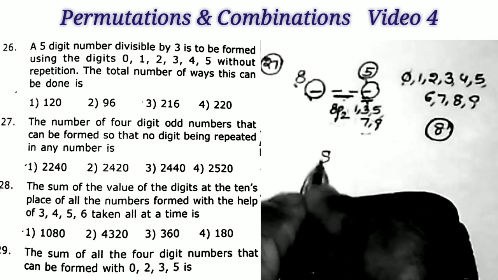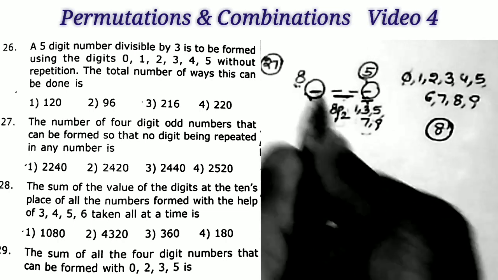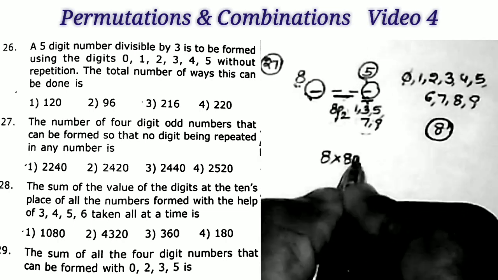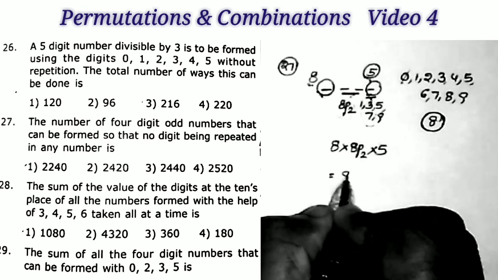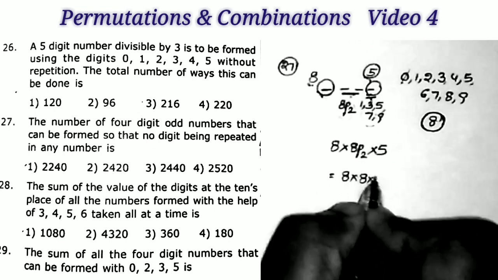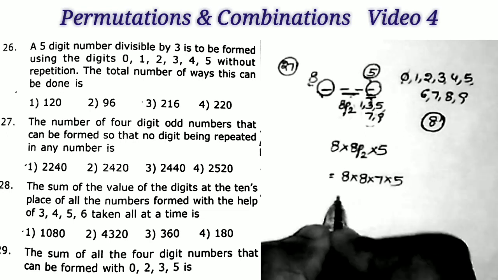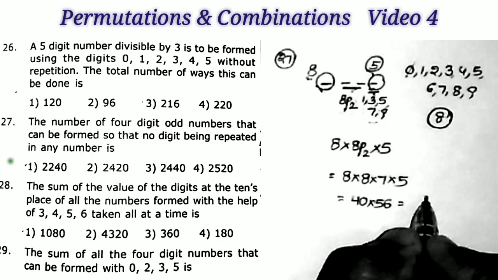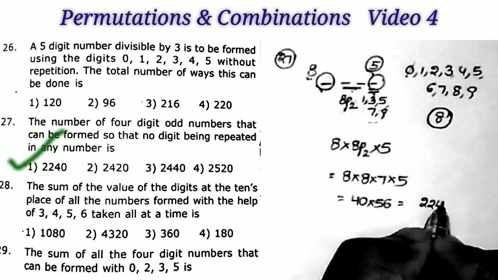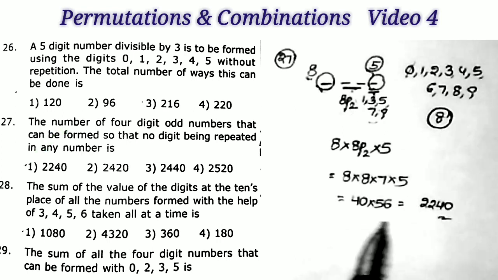Therefore this answer is equals to 8, and the next answer is equals to 8P2, and the next answer is equal to 5. That is 8 into 8 into 7 into 5. That is 40 into 56. Therefore the answer is 2240. That's all. That is the first option.